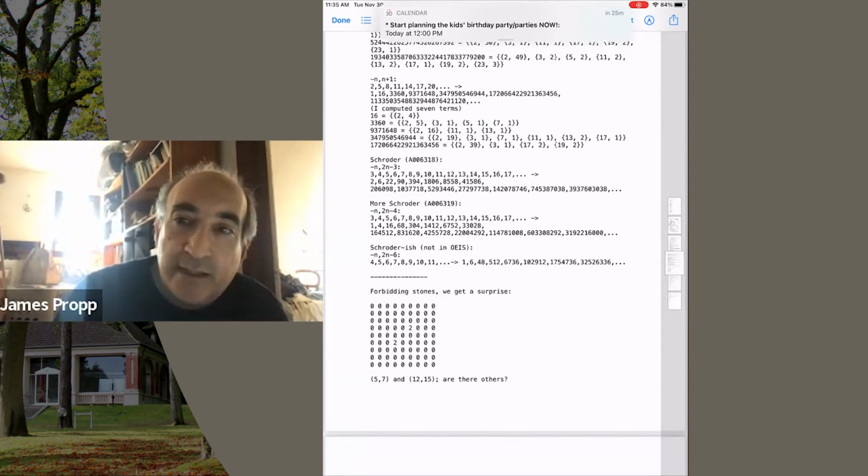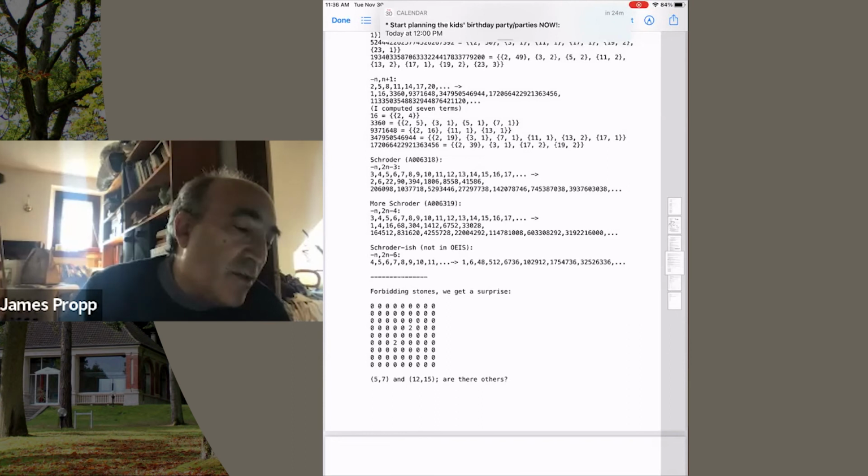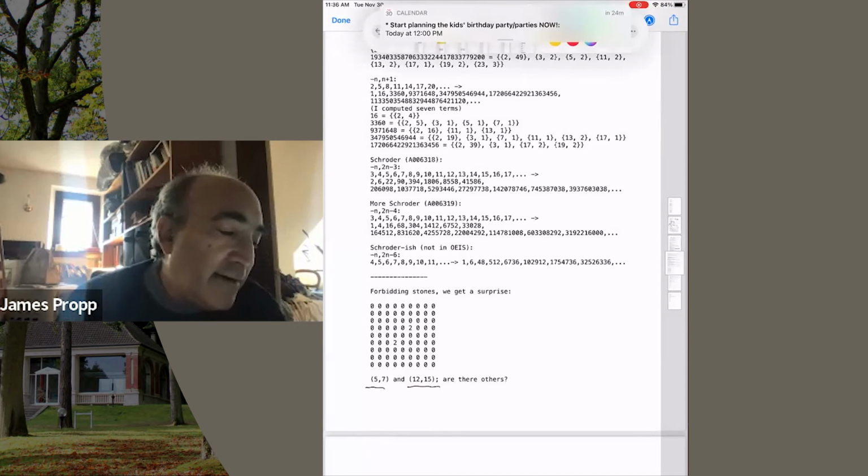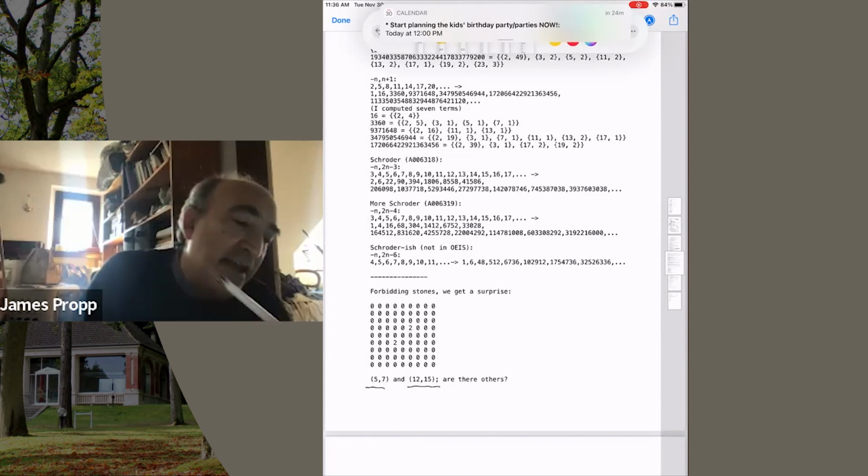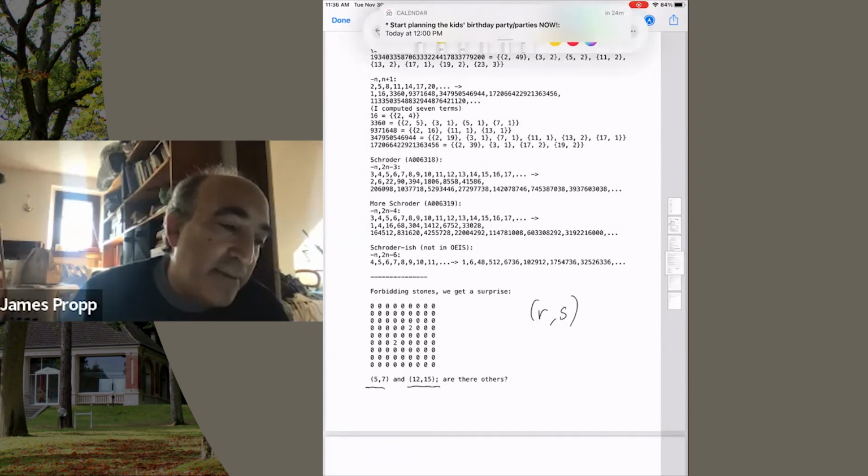But instead of allowing these sort of natural triangular regions, we have these benzel regions. Suppose we try to tile those. Then we find there's a very sparse set of parameter values R and S, or A and B, I guess I call them here, that admit tilings. Actually, I think this was written after I'd switched over to R and S coordinates, the R and S parameterization of benzels.